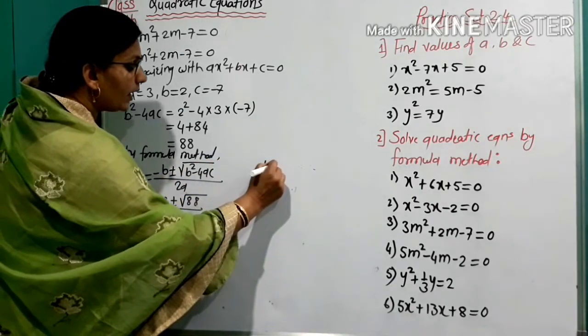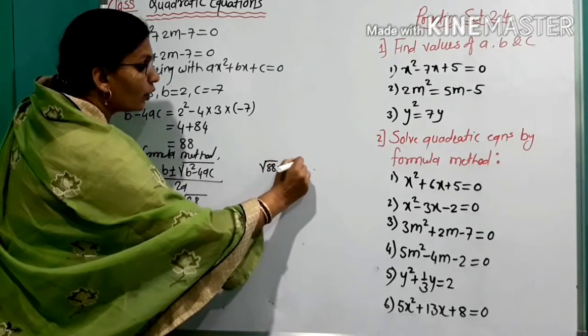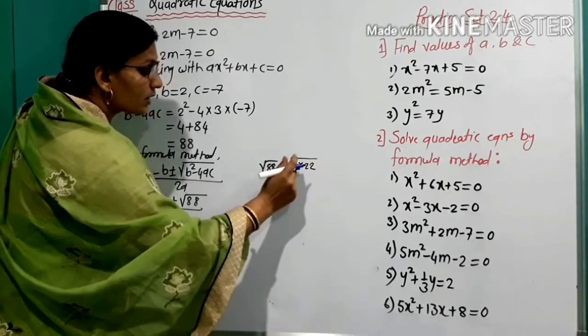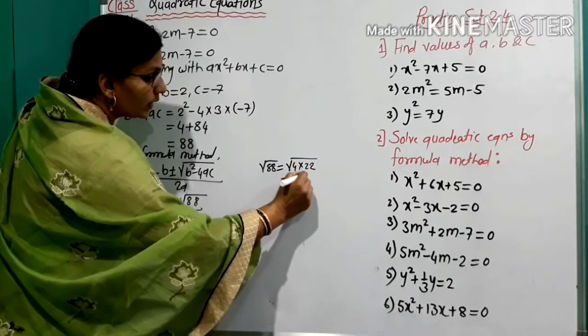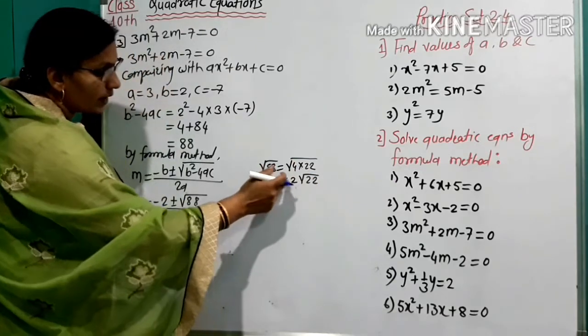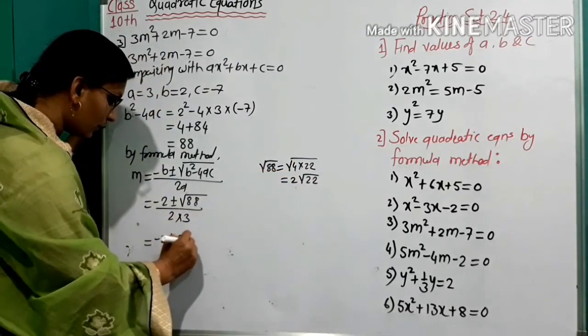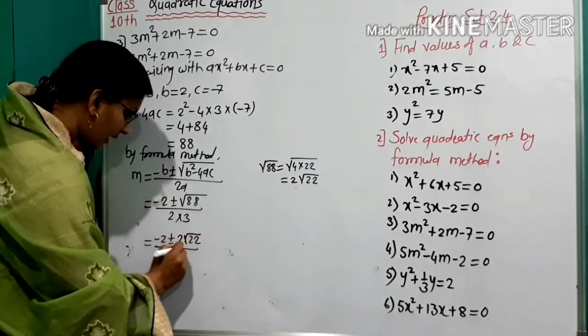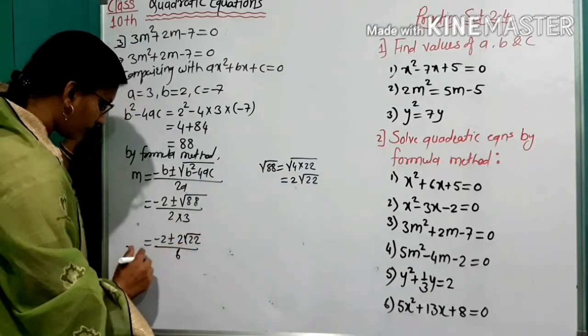This root 88 can be written as root of 4 into 22. Square root of 4 is 2. Therefore this is plus or minus 2 root 22 divided by 6.